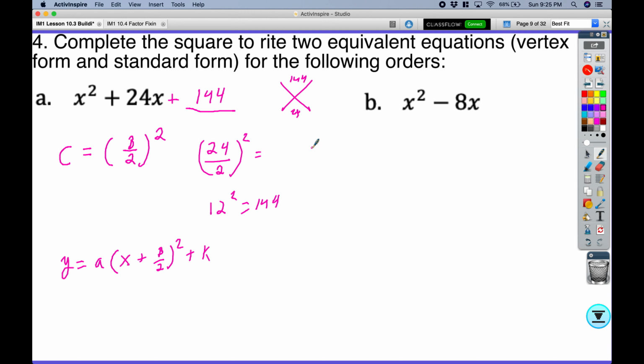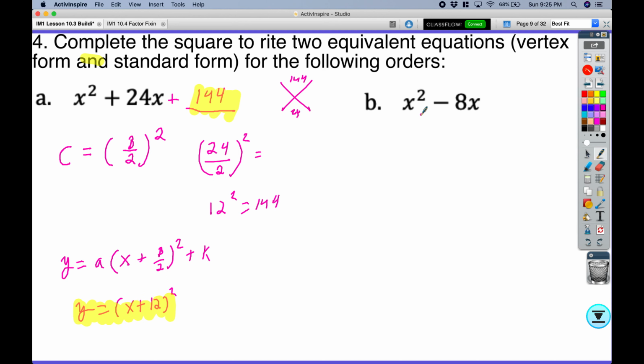So right here, if I were to do this, then my values would just be y equals, my a value is just 1, and then I'm going to have parentheses x, and then 24 divided by 2 is 12, so plus 12 parentheses squared. So that's it for this part. We're not looking at the k value right now. We're just saying, what would need to be my c value in order to write it in vertex form.